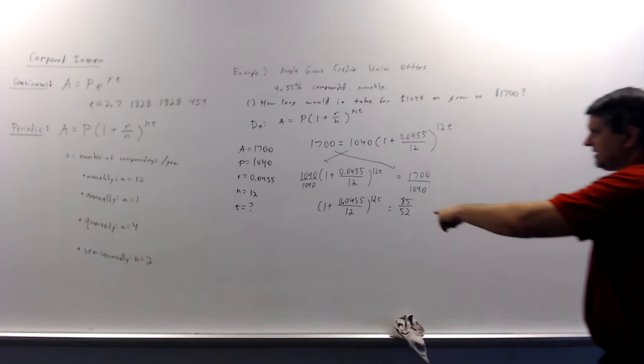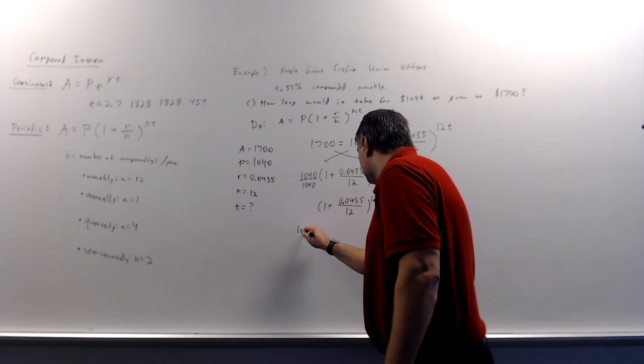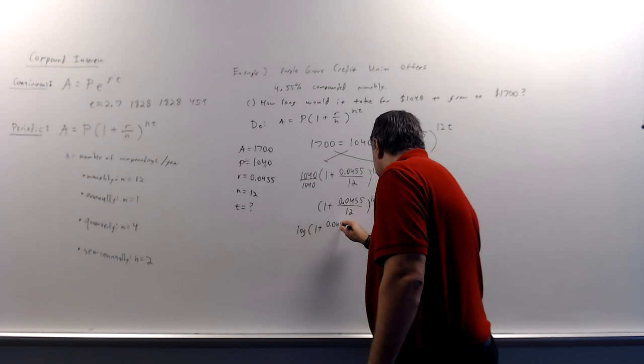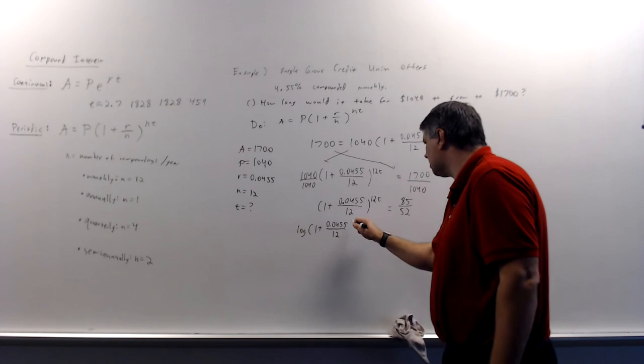I want to get this t out of the exponent. So I'll take the common log. Since it's a base other than e, I'll use the common log.